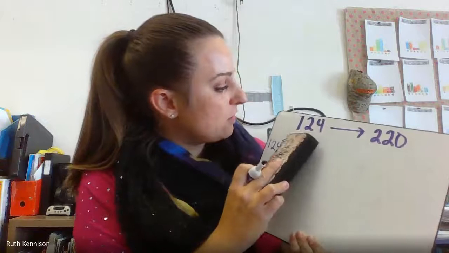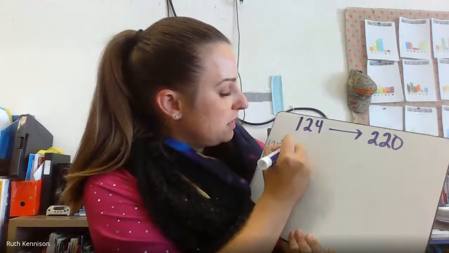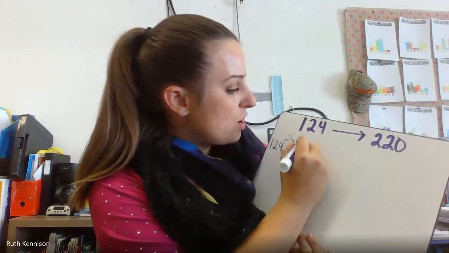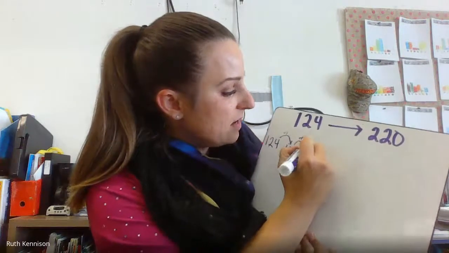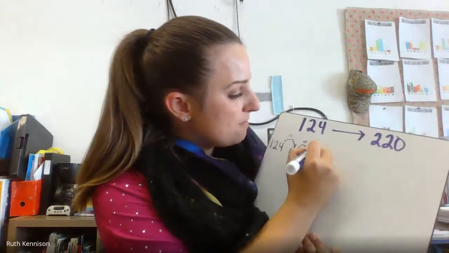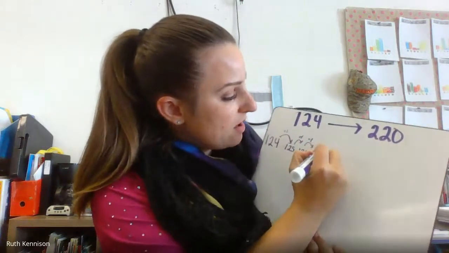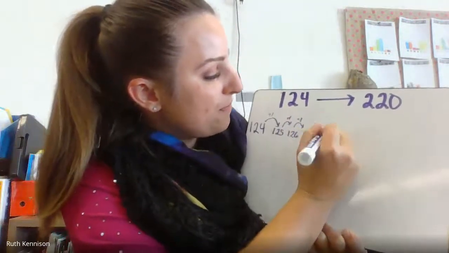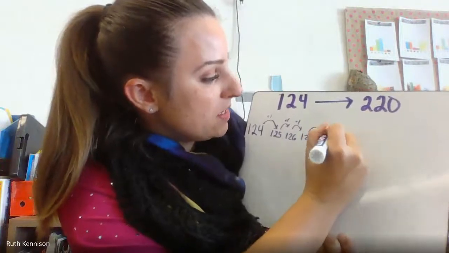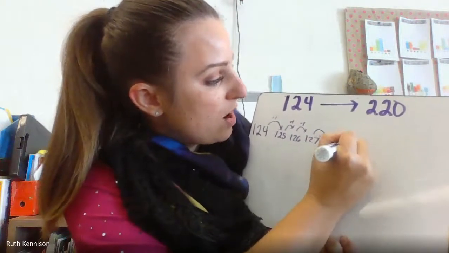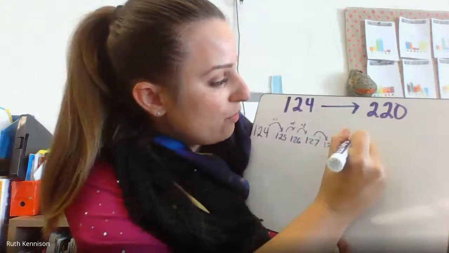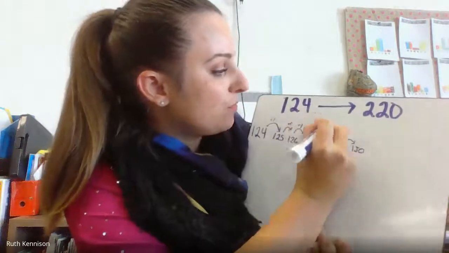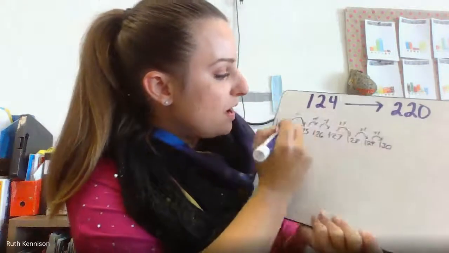I'm going to make that bigger so I have plenty of space. That gets me to 125. Add 1 more. Now I'm at 126. Add 1 more. Now I'm at 127. Add 1 more. I'm at 128. One more. I'm at 129. Woof, one more. I'm at 130.